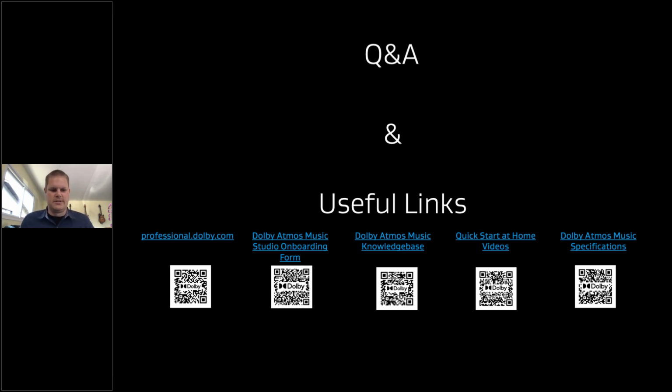Is there a difference between the mastering suite and the production suite? Yes, so the mastering suite has, aside from supporting what we refer to as sidecar workflows, so a remote system, the speaker calibration functionality as well, and so you can do a lot more with it.